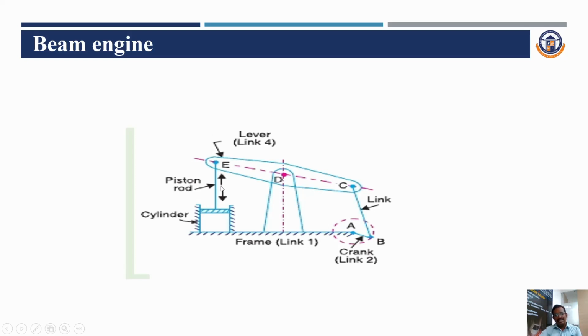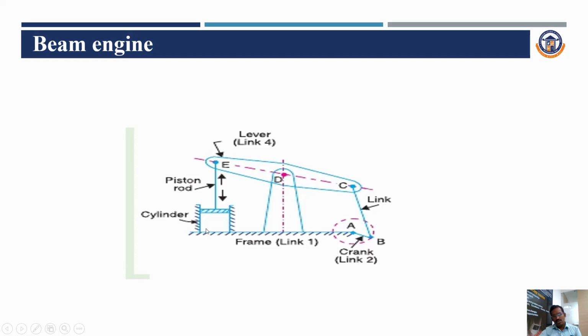The piston rod and cylinder are at the top position, the maximum point. If point B is in the upper position, C is also in the upper position, and E is reversed relative to C, that means in the down position.